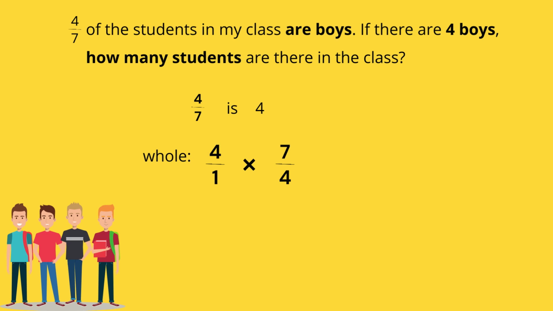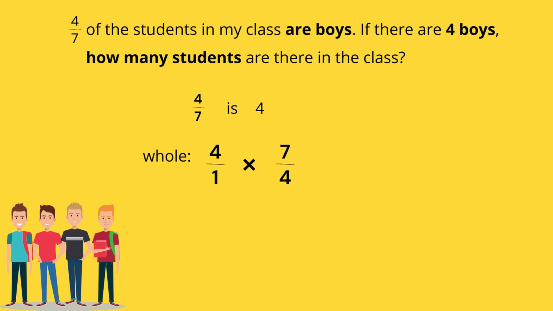So we proceed to find the whole. Since we know that 4/7 is 4, we use our formula. We multiply the quantity. The quantity is 4. We multiply the quantity by the reciprocal of its fraction. We know that the quantity's fraction is 4/7, but we don't multiply by 4/7.